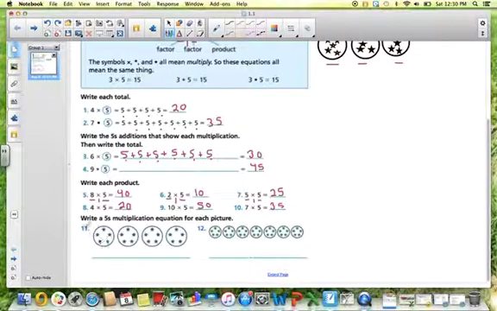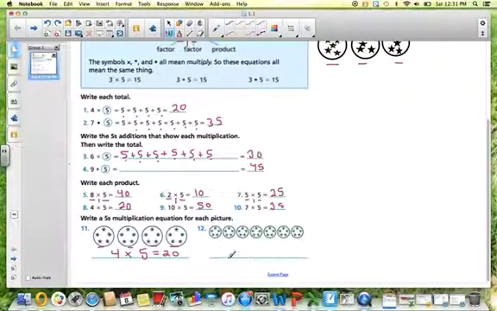Okay, this says write a 5's multiplication equation for each picture. So number 11. Okay, let's count how many groups we have. 1, 2, 3, 4 groups. So we have 4 groups of, means multiplied, 1, 2, 3, 4, 5, 5 stars, equals 20.